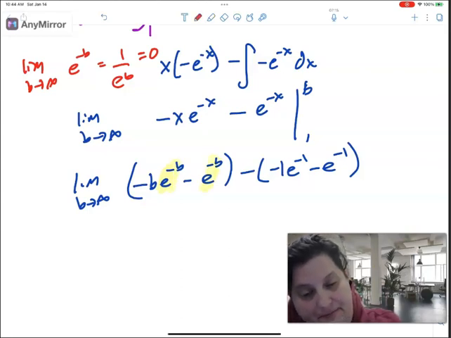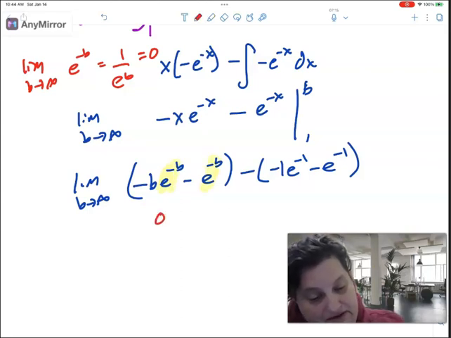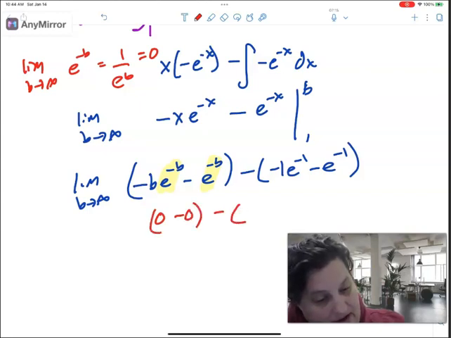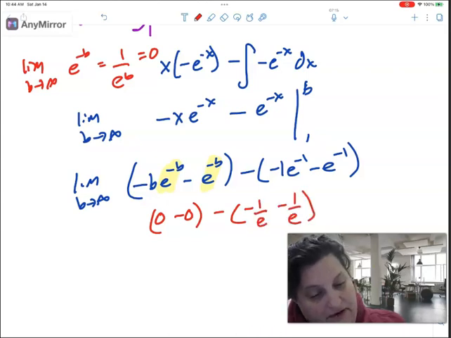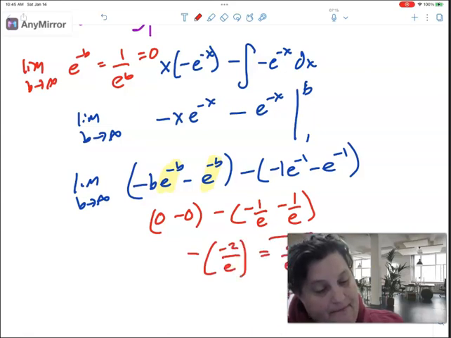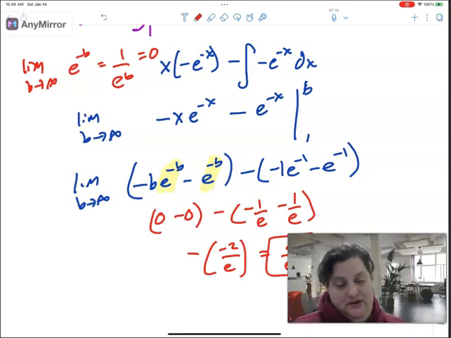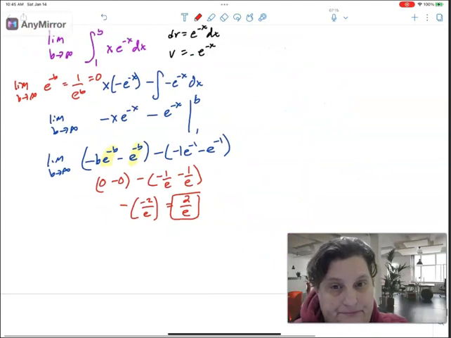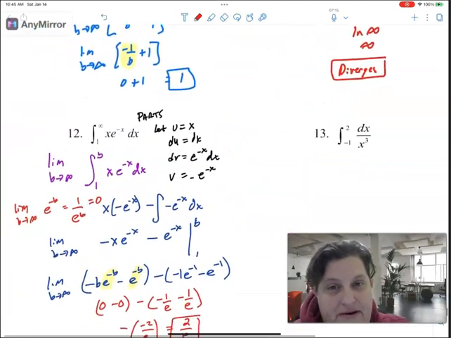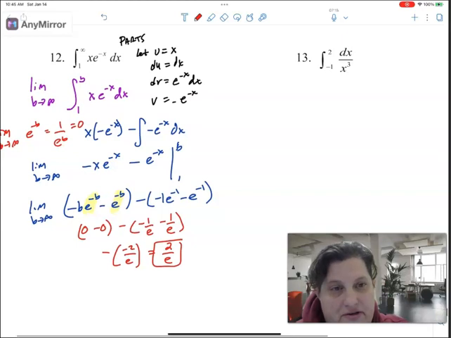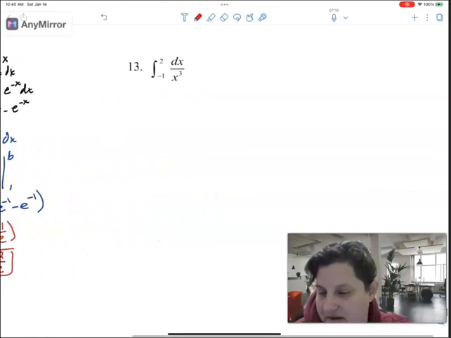So this is going to be 0 minus 0, and then negative 1 over e minus 1 over e. So it looks like it's negative 2 over e. And so this one converges and it looks like we get 2 over e for our value. And if we plugged in bigger and bigger values, we should eventually get to 2 over e.